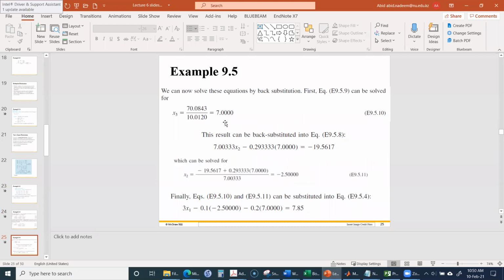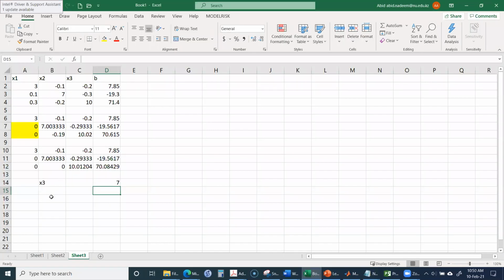Similarly, if we want to find x2, how can we find x2? We can find it by back substitution from this.